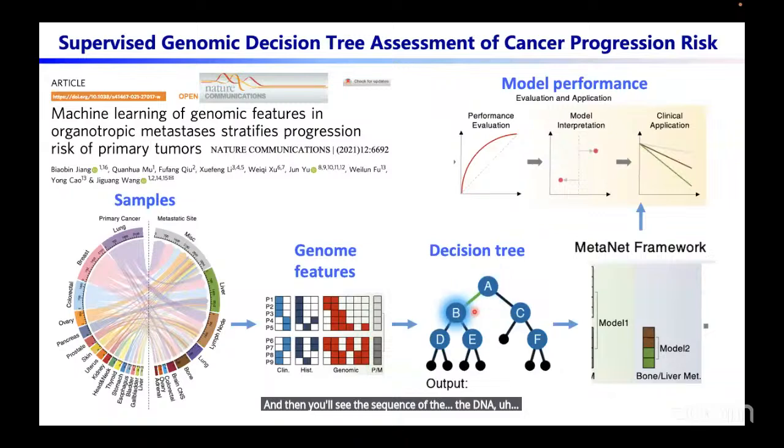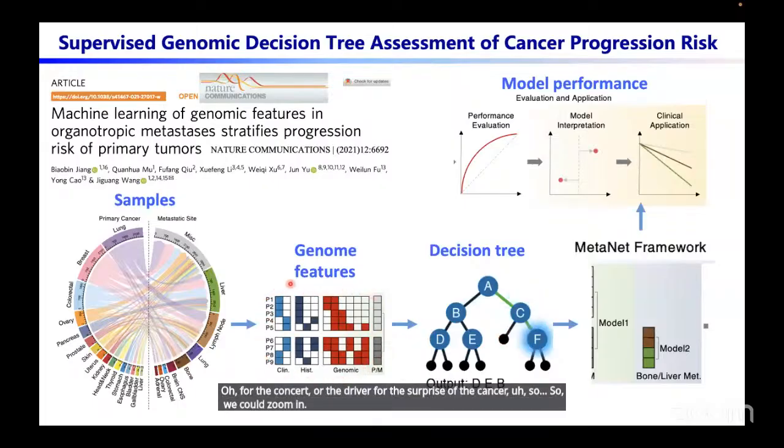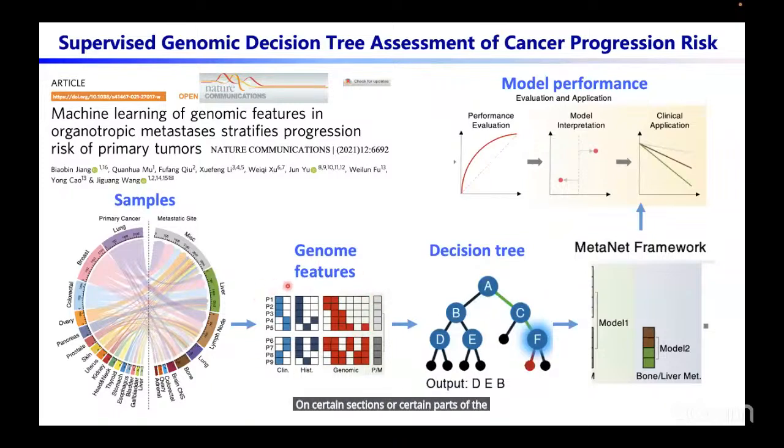Okay, so some sequences, particularly some mutations, are actually the driver of the cancer or the driver for the spread of the cancer. We could zoom in on certain sections or certain parts of the genome and then use the mutation states of those parts as the features for diagnosis purposes.